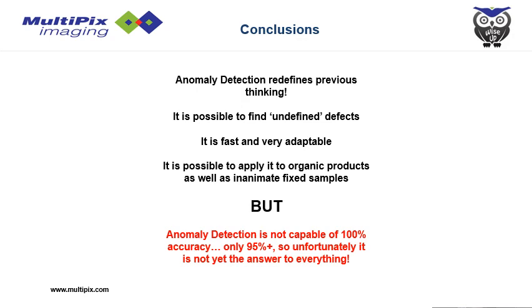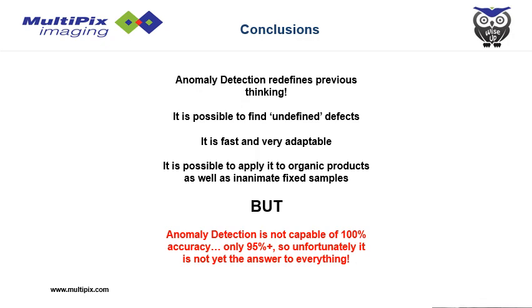So as it says here, it's possible to find undefined defects. That in concept was never possible before anomaly detection. It's also very fast and very adaptable, which is great, and you can apply it to organic products and fixed samples. So all those things are really very good conclusions from it.